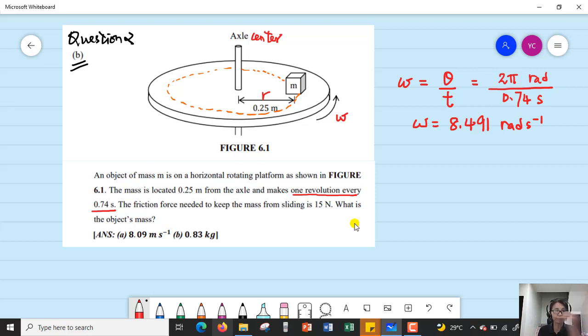Okay, then the friction force needed to keep the mass from sliding is 15 Newton. So we want to find the object mass, so we want to determine the value of m.